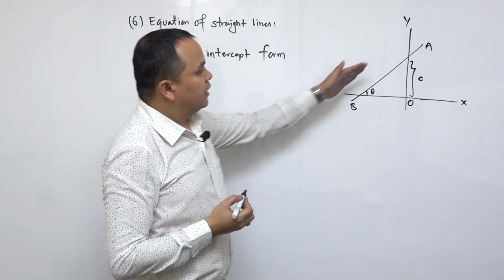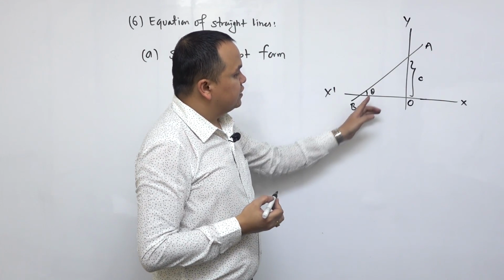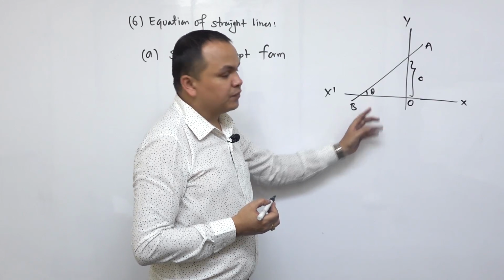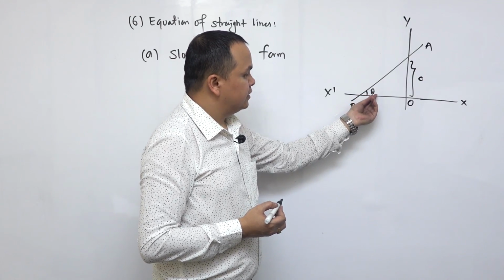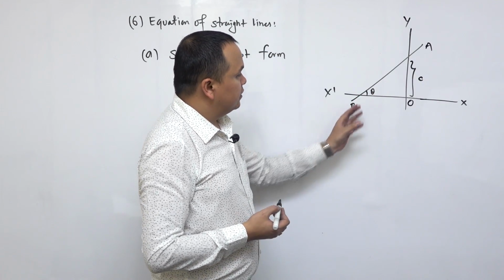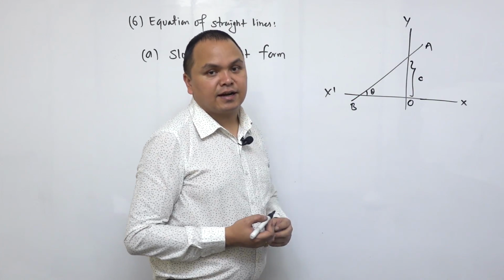Here, AB makes an angle theta with the positive x-axis. If we take tan theta, then tan theta gives the slope of the straight line.